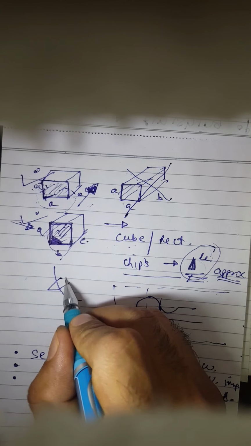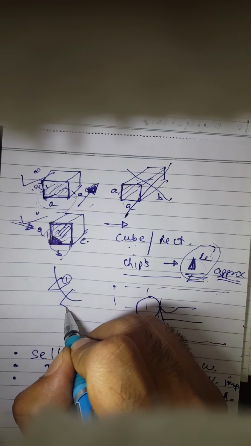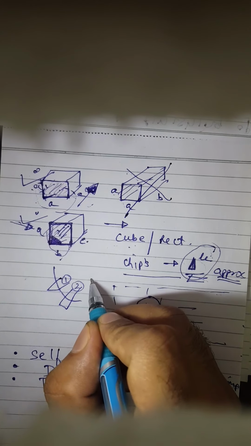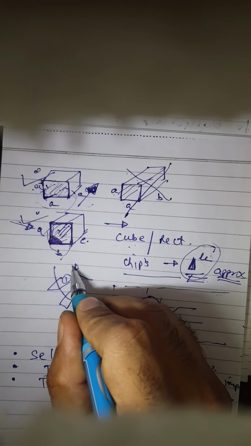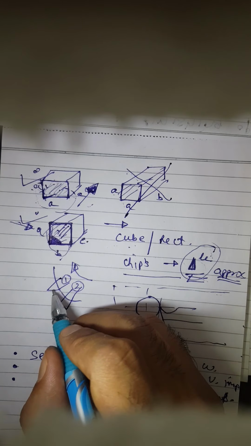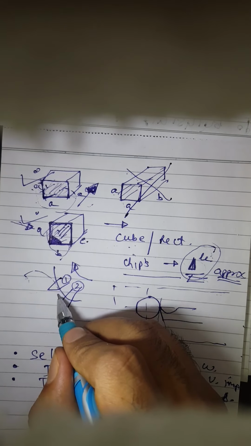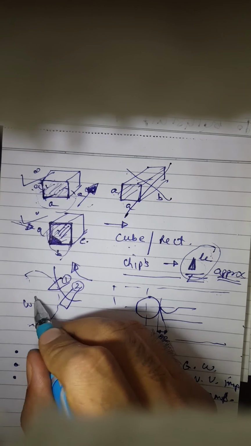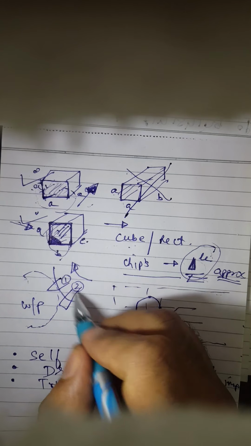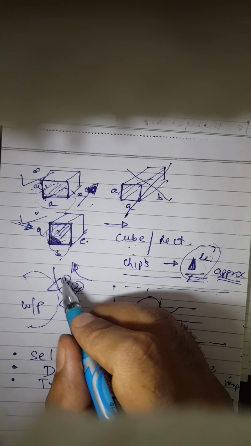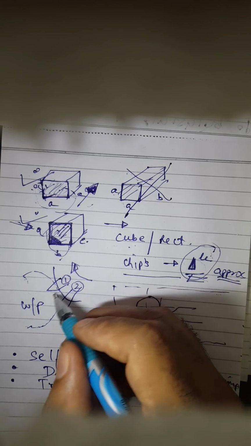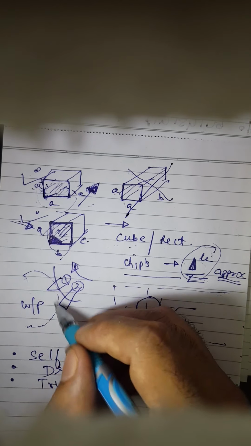I'm only taking particle number 1, and let us also take particle number 2. This wheel is rotating always, and obviously I have a workpiece surface also coming here. This is my workpiece. So when the wheel is rotating continuously, this particle 1, after one full rotation, would come into contact with a fresh workpiece surface.